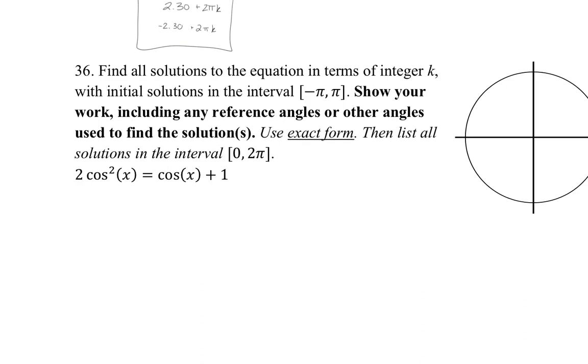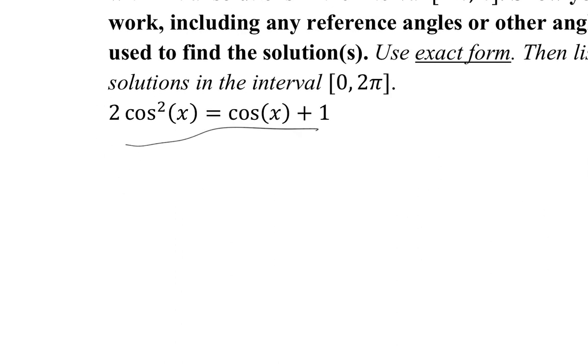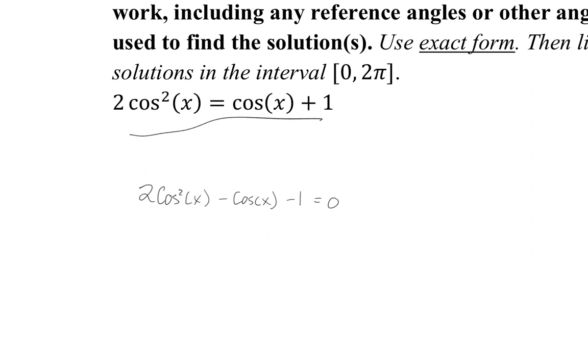Moving on to the next one, we're given this function. I'm going to move it all to the left-hand side, to say 2 cosine squared of x minus cosine of x minus 1 is equal to 0. And from here I'm going to go ahead and factor that.